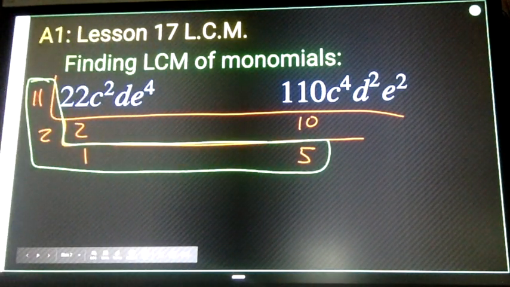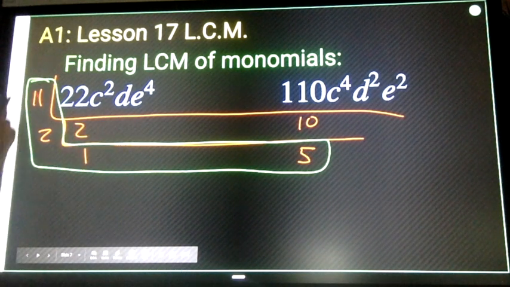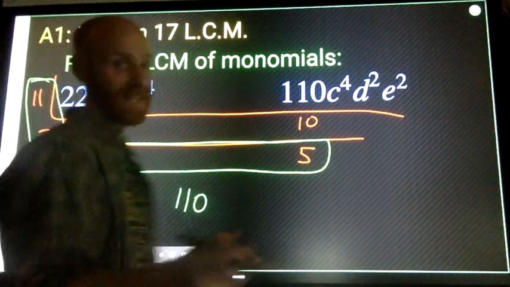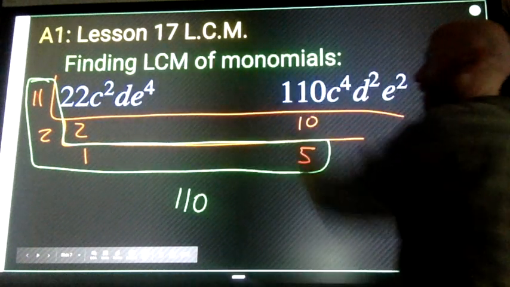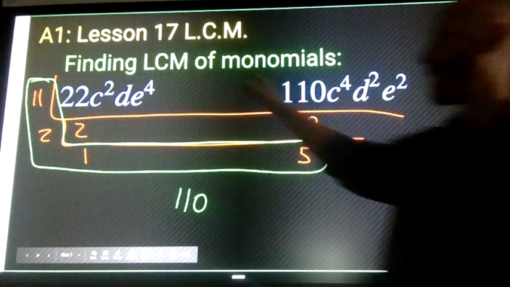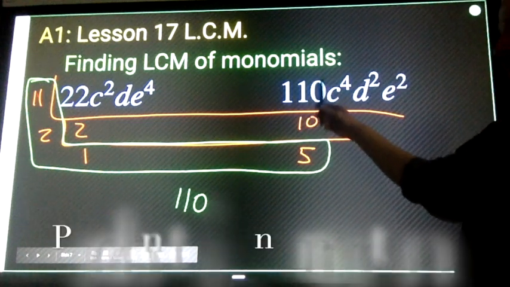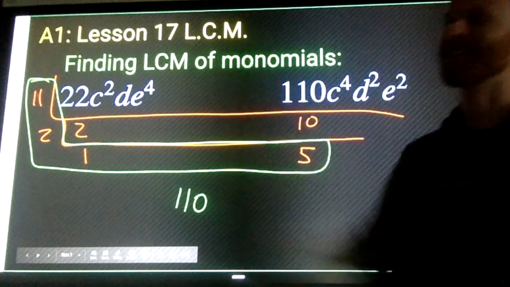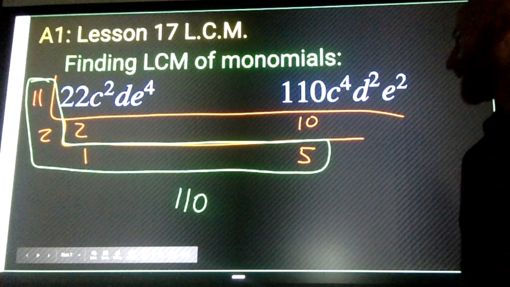And we're going to get 11 times 2 times 1 times 5 is 22 times 5 is 110. All right. And again, sometimes this happens. Since 22 divides into 110, 110 is a multiple of 22, and it's also a multiple of itself, so it will be the least. The 110 is a multiple of itself and of 22. All right, so it's the least common multiple.